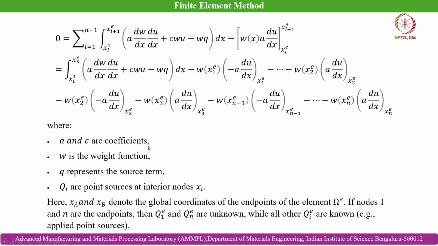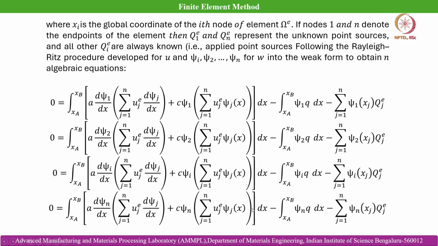Here a and c are coefficients, w is the weight function, q represents the source term, and Q_i are point sources at interior nodes x_i, and x_a, x_b denote the global coordinates of the endpoints of the element omega^e. So if nodes 1 and n are the endpoints, then q_1^e and q_n^e are unknowns, while all other q_i^e are known, that is, the applied point sources.